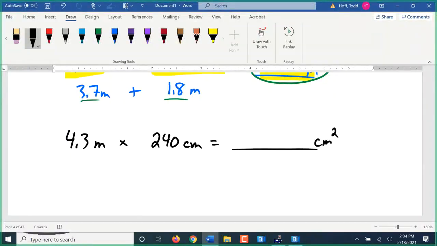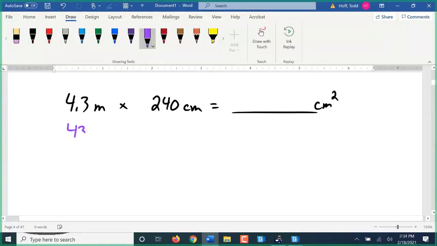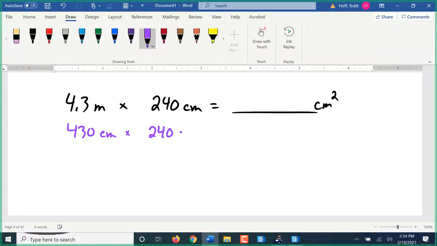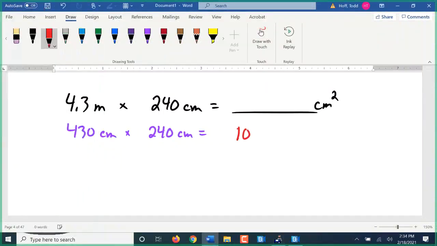Because that's centimeters squared, it has to be centimeters times centimeters. So this is going to get changed to 430 centimeters instead of 4.3 meters. This will be 240 centimeters. So 430 times 240 gives us 103,200 centimeters squared.